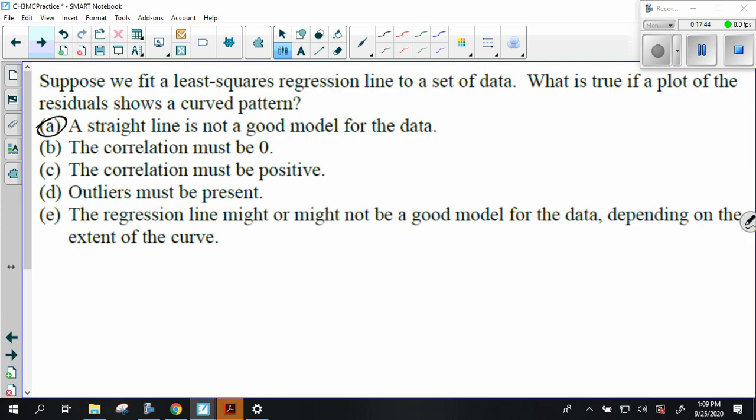If you do your residual plot, with 0 here, and you see a pattern that looks something like that, that's going to indicate that there is a nonlinear relationship between your explanatory and your response variables.